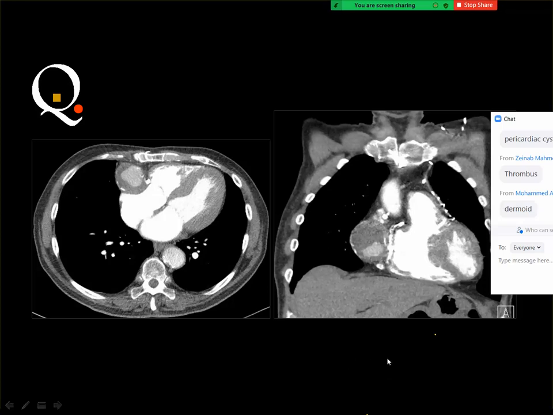No, it's not dermoid. And then the thrombus within the heart, you mean? No, this is outside the heart: right ventricle, right atrium, right ventricle, left atrium. Cardiac tumor, no. This is the classic appearance of an aneurysm. You may have heard me many times saying that a rounded black lesion with a central white lesion is diagnostic of an aneurysm. And this is an aneurysm of one of the coronary vessels.